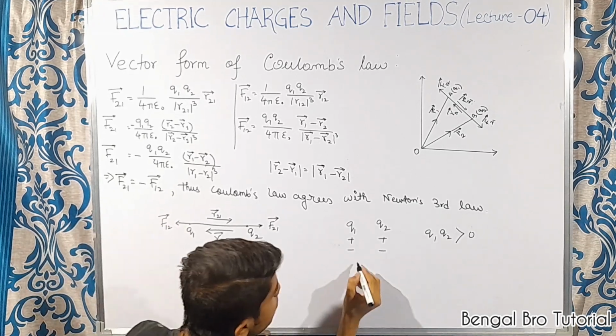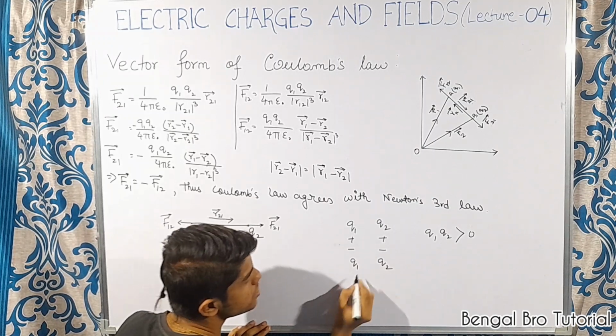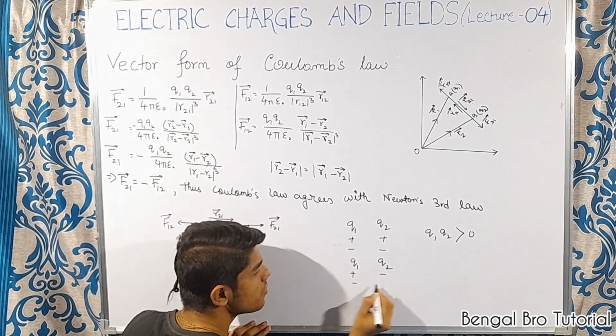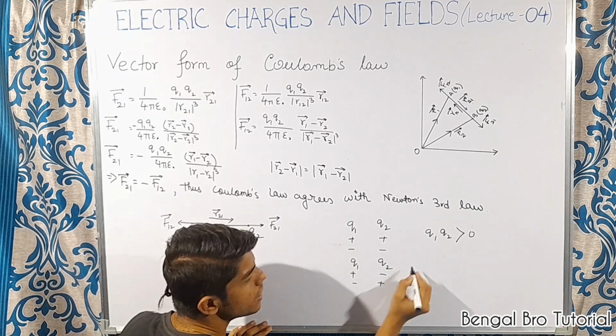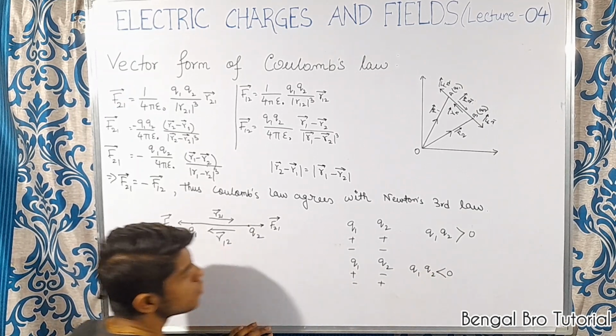Now, if q1 and q2 are unlike, which means that if one is positive and the other is negative, the product q1 q2 will always be less than 0.